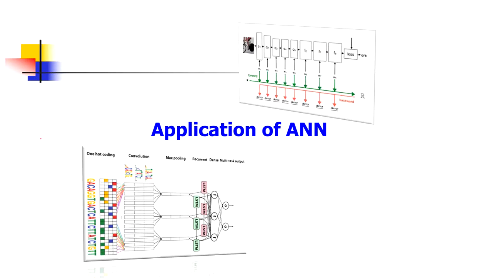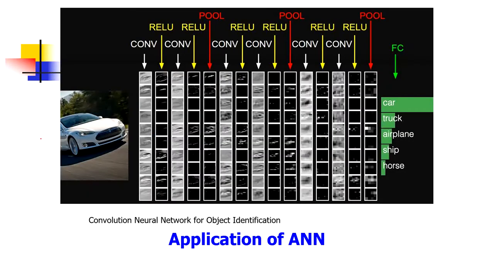So this is some sort of the application of the artificial neural network. It's just a simple example, but to give you some sort of hint of the application of this thing. The first application is that it can be utilized in order to recognize various types of shape. In this case, let's say we train it to recognize a number of types of car.